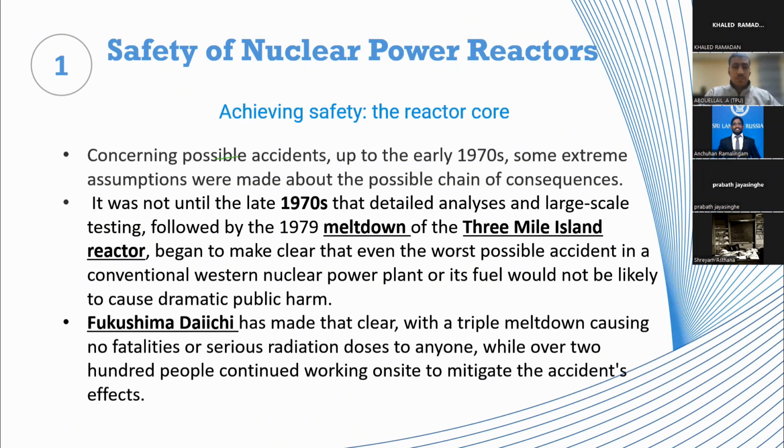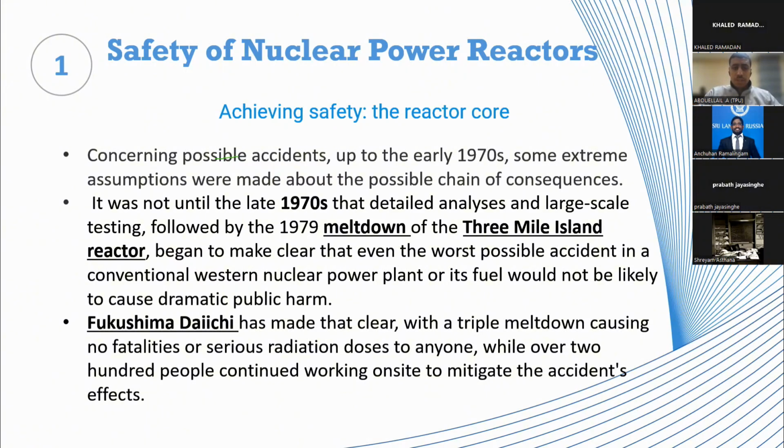Achieving the safety of the reactor core was one of the main concerns regarding possible accidents up to the early 1970s. Some extreme assumptions were made about the possible chain of consequences.